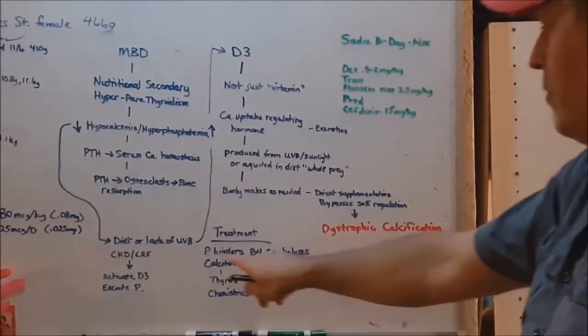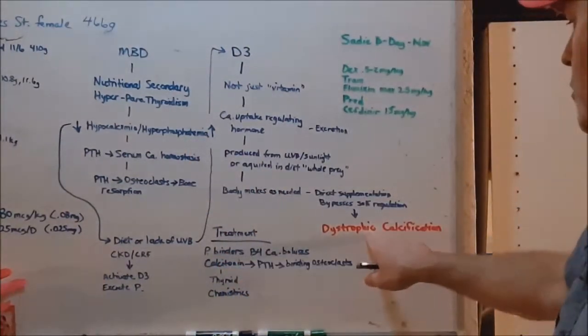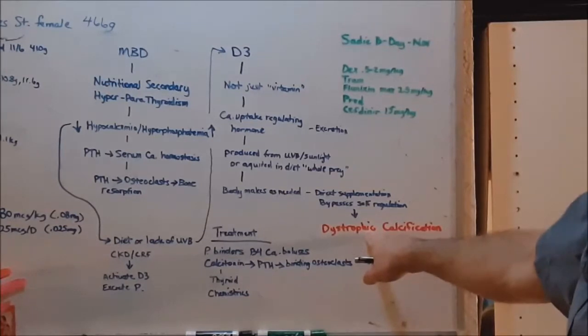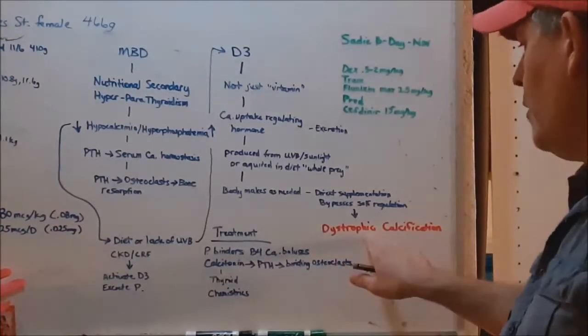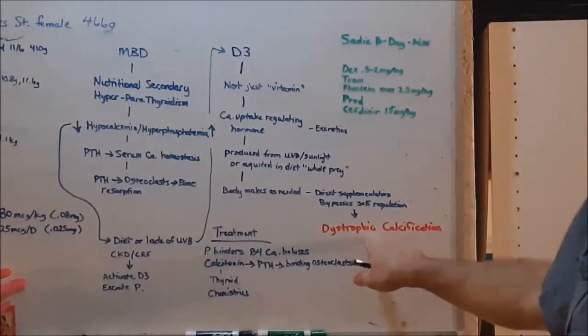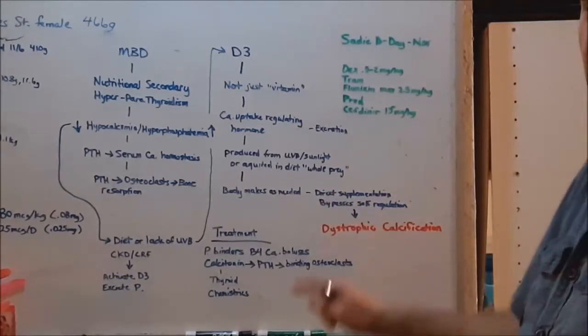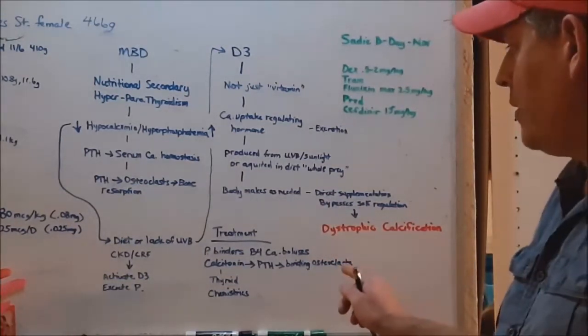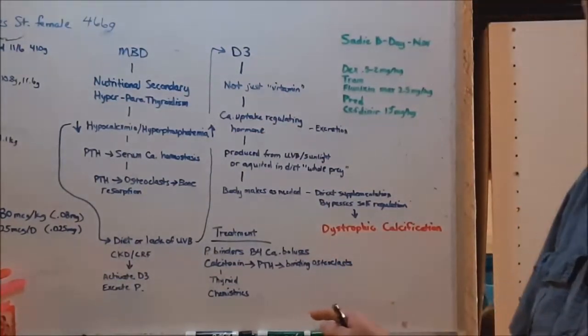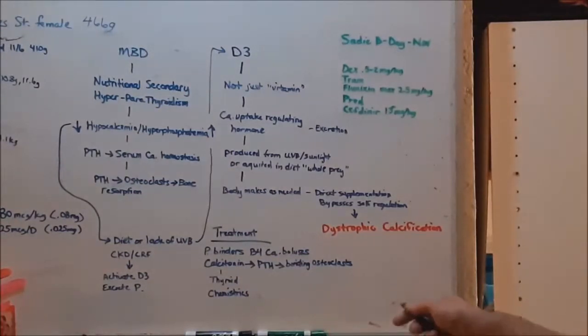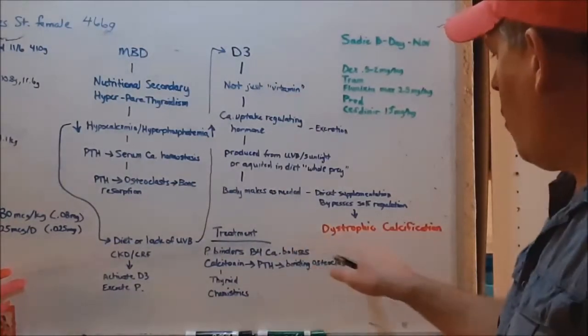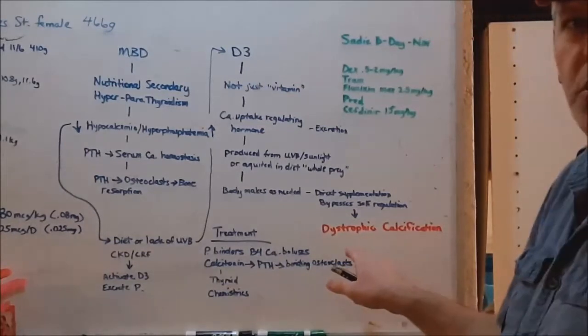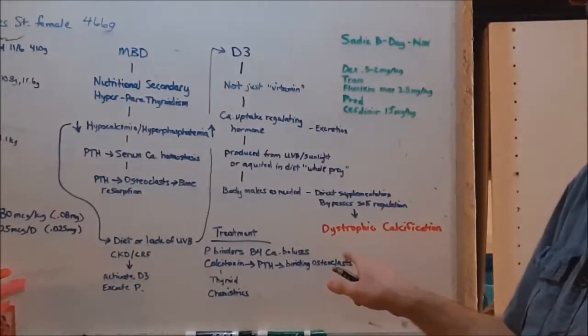Why? Because if you do that, you're risking dystrophic calcification. It's going to bind together and start depositing in soft tissue. You want the body to get the calcium, and you want it to not be bound up and unavailable, and you don't want soft tissues like the intestines to start calcifying.